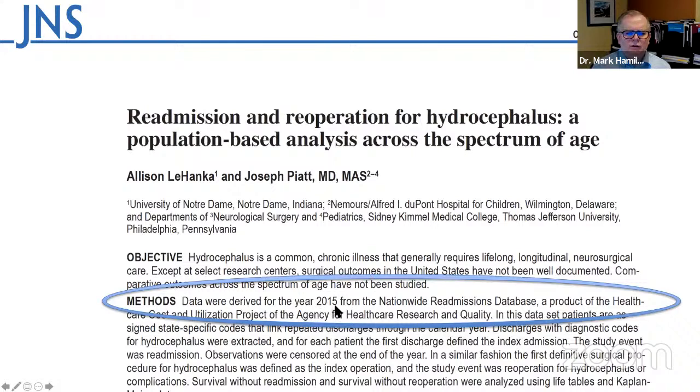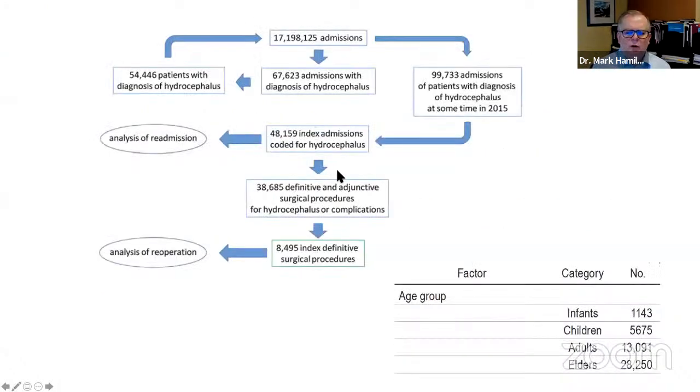They used data from 2015 from a nationwide readmission database in the United States. This paper is important for 2 reasons. One is that in that year, they identified almost 50,000 index admissions for hydrocephalus, and the vast majority were adults. So while in many places we still consider hydrocephalus to be a pediatric disease, it is predominantly an adult disease.